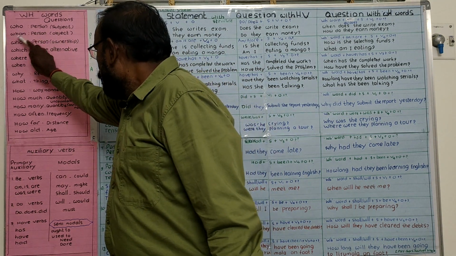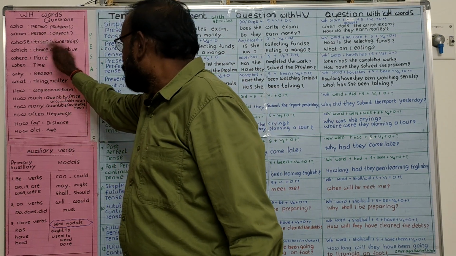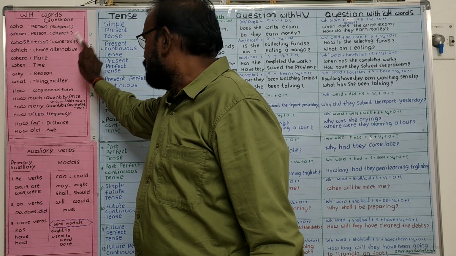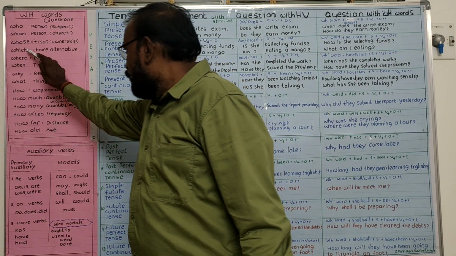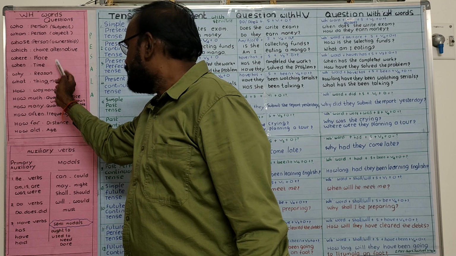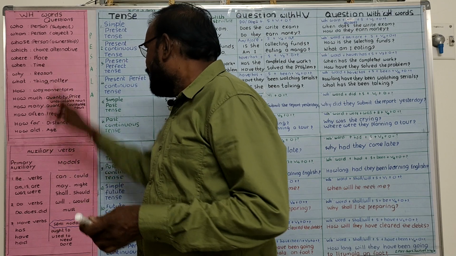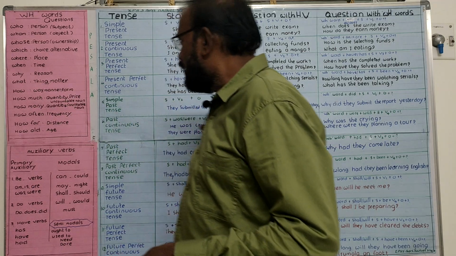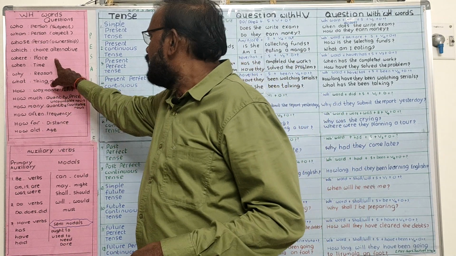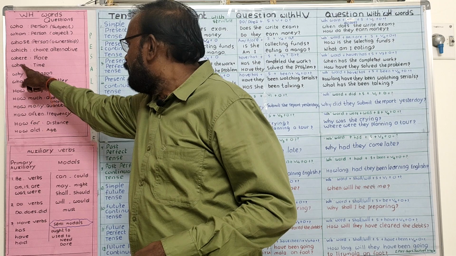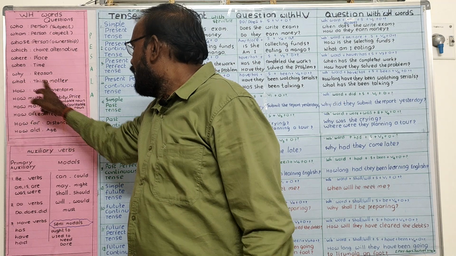Who, whom, whose are related to persons as a subject or object or ownership or position. Which shows the place or which shows the choice or alternative. When we want to ask about the place, we use where; time, when; reason, why.